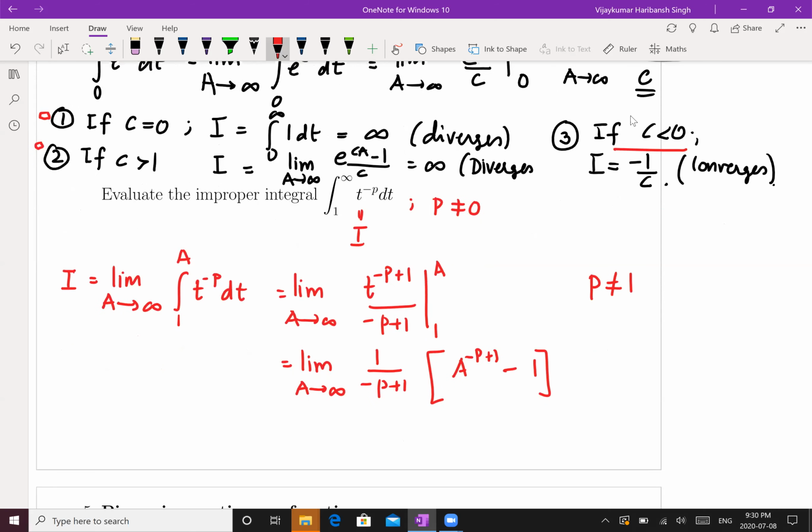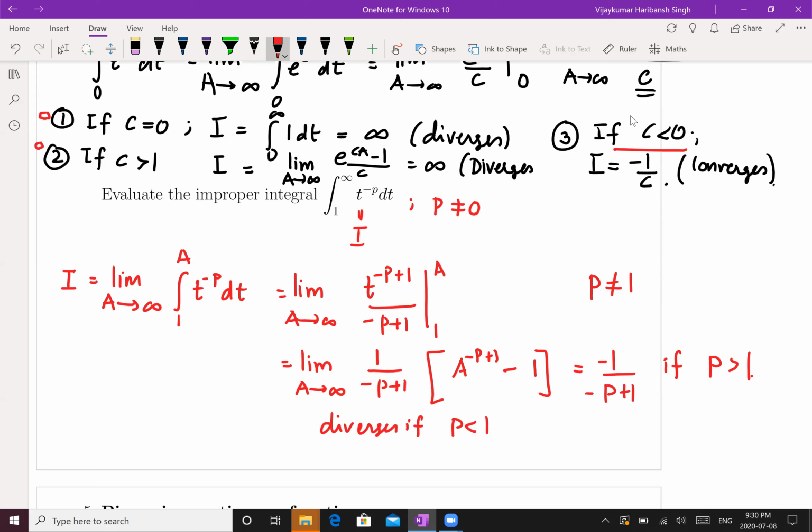And this equals 1 upon p minus 1 if p is greater than 1, and diverges if p is less than 1.